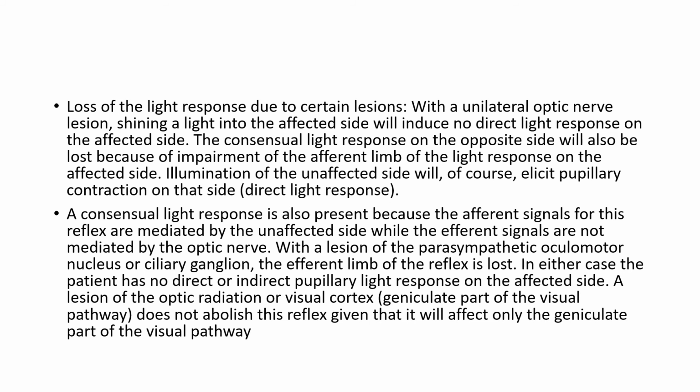In either case, the patient has no direct or indirect pupillary light response on the affected side. A lesion of the optic radiation or visual cortex or the geniculate part of the visual pathway does not abolish this reflex, given that it will affect only the geniculate part of the visual pathway.